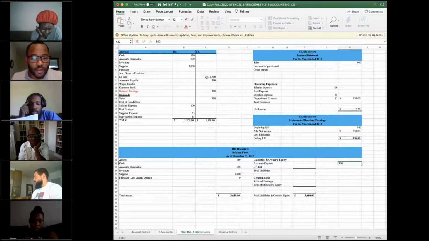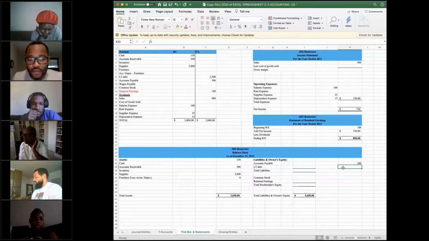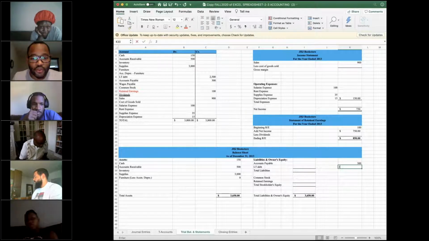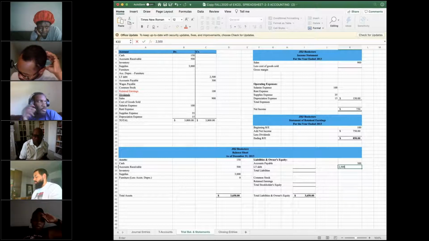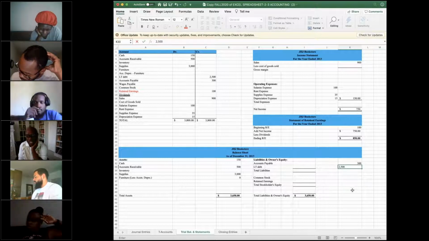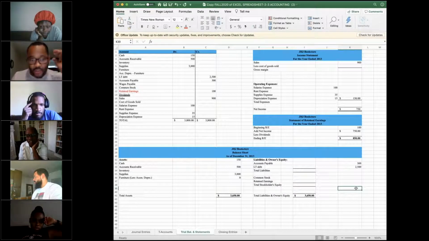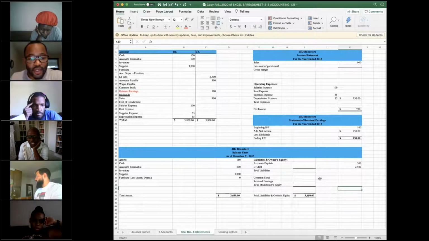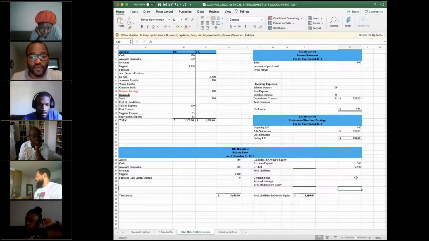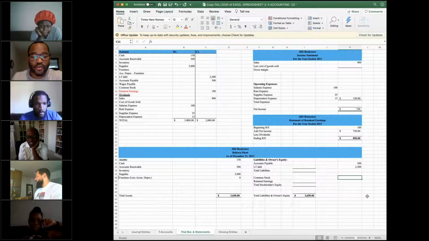And we had the long-term debt, which is what? 2,500. And what else do we need? We missed the cost of goods. Common stock, did we? We didn't have any common stock. What else do we need? We're definitely missing something.